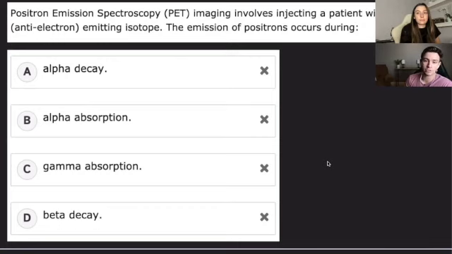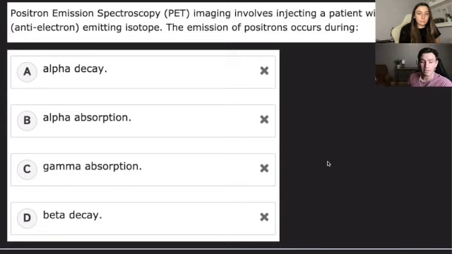Okay, A says alpha decay. No, that's you spitting out a helium nucleus. B says alpha absorption. I'm going to assume that's you taking in a helium nucleus, because it sounds like the opposite of alpha decay. C says gamma absorption. I'm going to assume that's you taking in some type of powerful energetic wave, because gamma decay is emission of a powerful energetic wave.